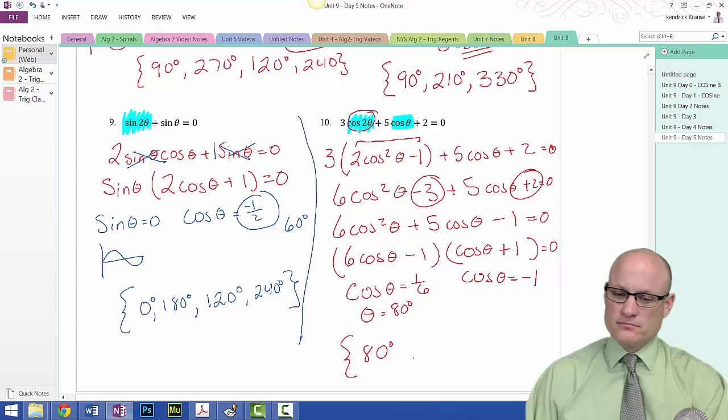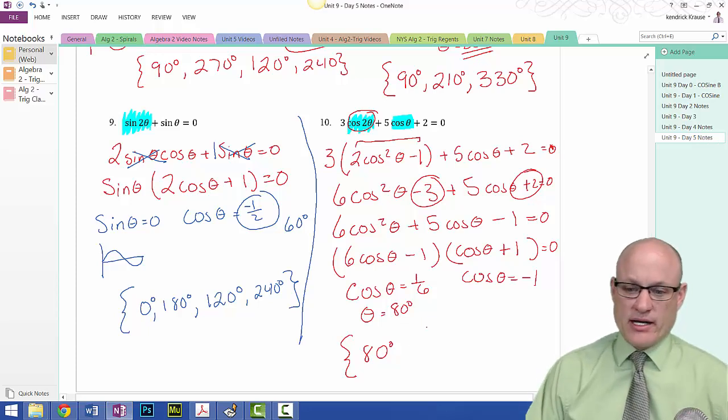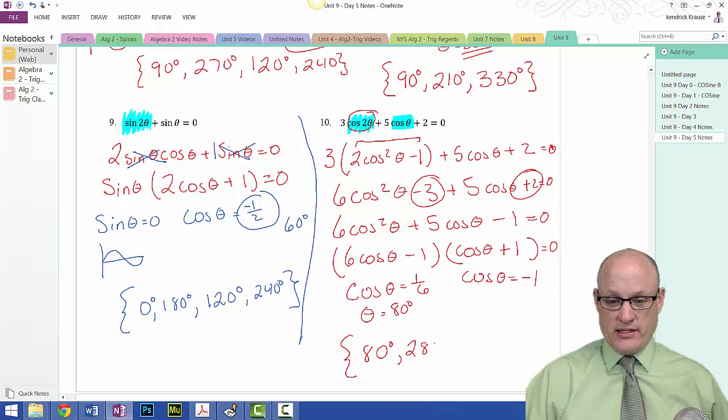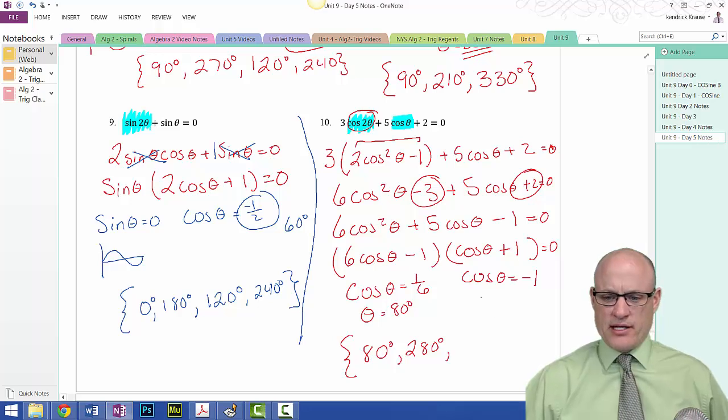And then, let's see, 360 minus 80 is 280. 280 degrees. Yes, that makes sense. Now, let's see, when does cosine equal negative 1? Cosine equals negative 1 halfway through this curve, and that's at 180 degrees.